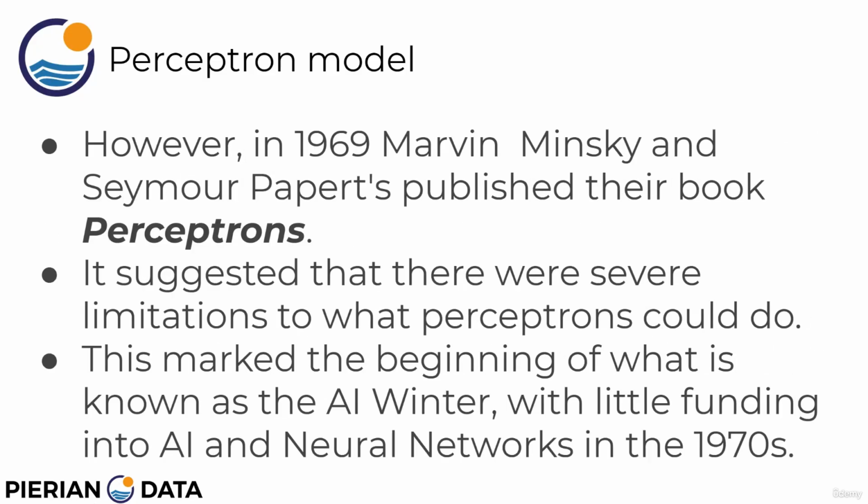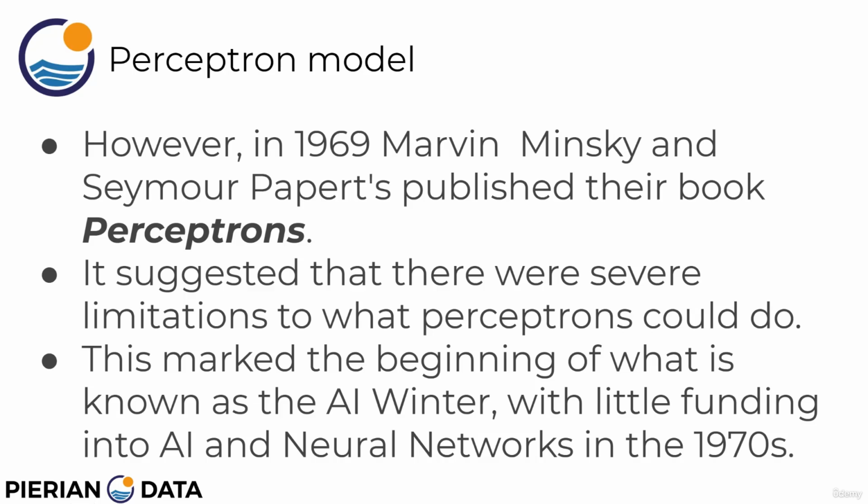However, about a decade later, in the late 1960s, two researchers, Marvin Minsky and Seymour Papert, published a book labeled Perceptrons. And it suggested that there were actually severe limitations to what perceptrons would be able to do. And a big part of that limitation was the actual computational power necessary to work with multi-layer perceptron models.